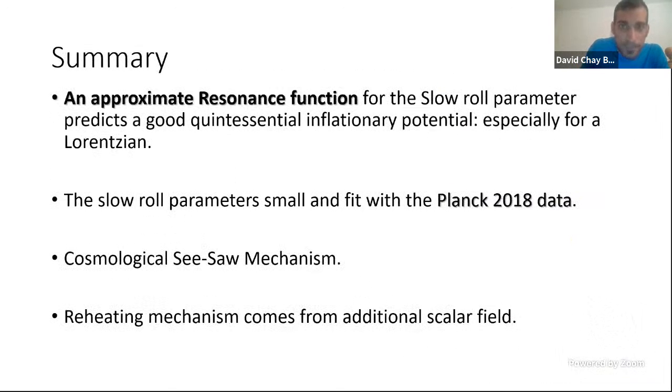So let me actually summarize. This is the main point that I want to tell you. As long as now we are in a COST action on quantum gravity, of course inflation assumes that the background is classical and you have quantum fluctuations on the background. So of course this is related to the topic.